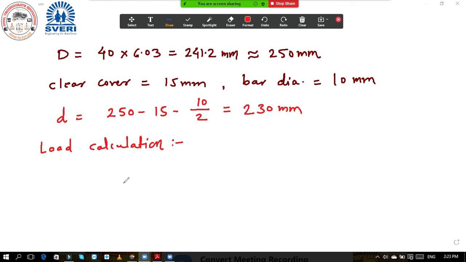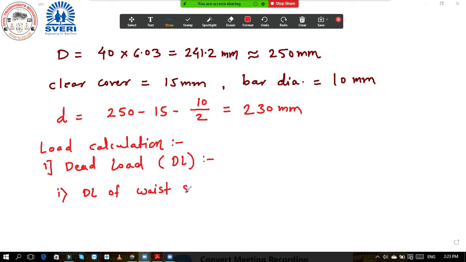Okay, so load calculation. For the load calculation, first we will calculate dead loads. In the dead load, first it is the dead load of waist slab, that is the staircase slab.